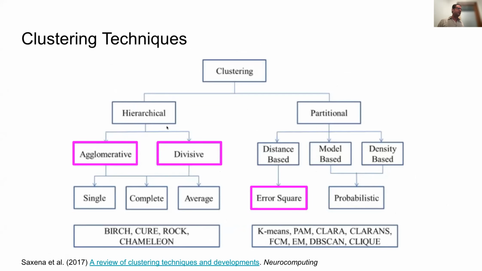We're not going to go over every single clustering technique. We're really just going to go over 3. One is this hierarchical approach, and the other is this partitional approach. And k-means is really what we're going to be using. So these are the most common techniques.